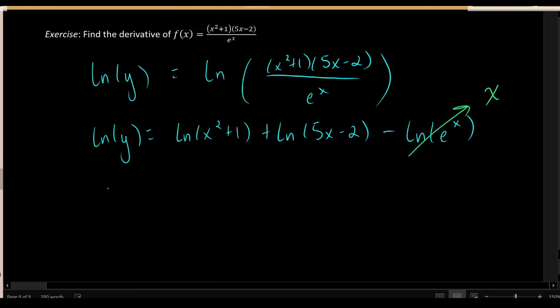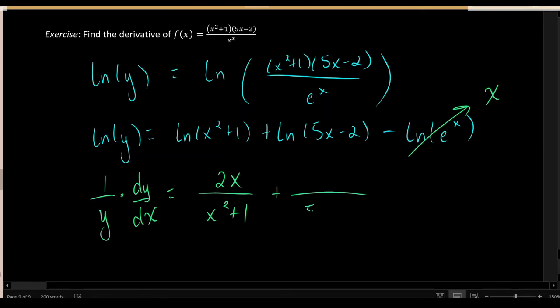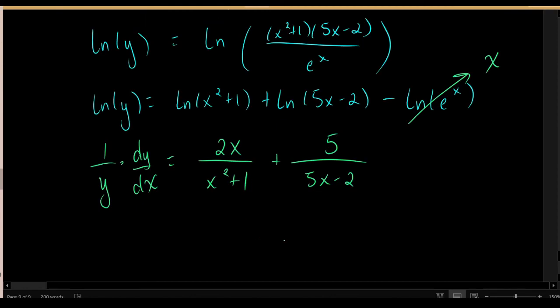On the left side, we get 1 over y times the derivative of y. Then we have 1 over x squared plus 1 times the derivative of x squared plus 1. Then we have 1 over 5x minus 2 times the derivative of 5x minus 2. And finally, we subtract the derivative of x, and that's just equal to 1.